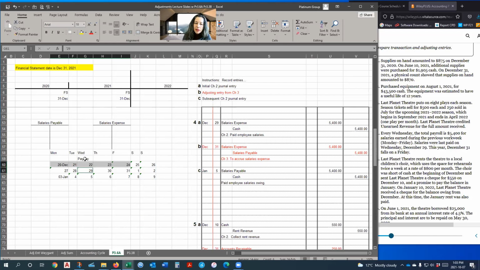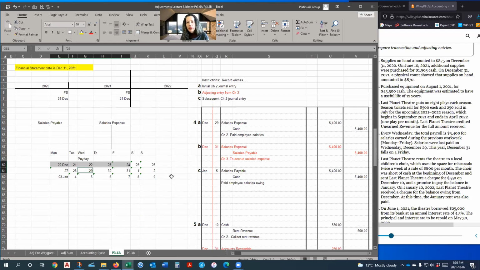And so every Wednesday, people are getting paid for the previous week. And so in 2021, the last payday is December 29th. So employees were paid right up to the 24th. They don't get paid for Saturday and Sunday.